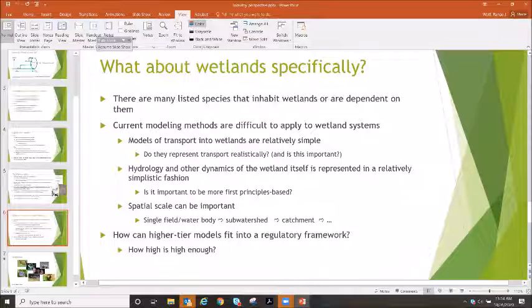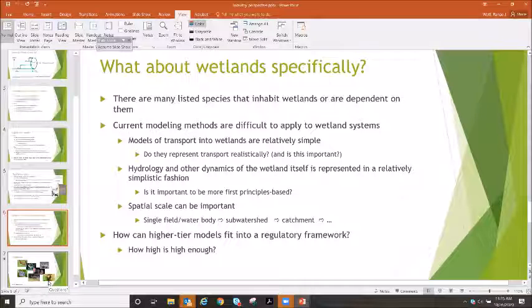The modeling of the transport into the wetlands themselves is relatively, in big quotes, simple. Do they represent that realistically? Do we need to go beyond what the screening or even the second or third tier models are starting to do? And is that important?